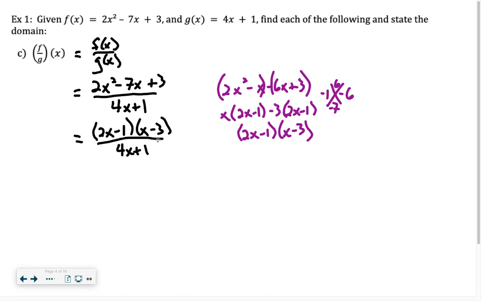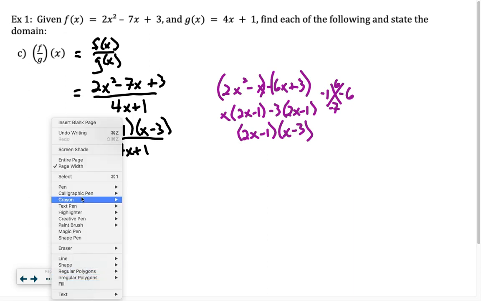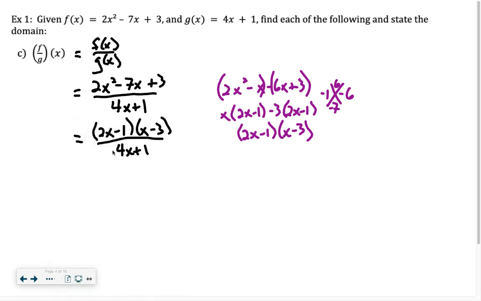Now, to state the domain, we said we can't have zeros in the denominator. So the denominator cannot equal 0, and then we solve this. Subtract 1 over, divide by 4. We get that x cannot equal -1/4.